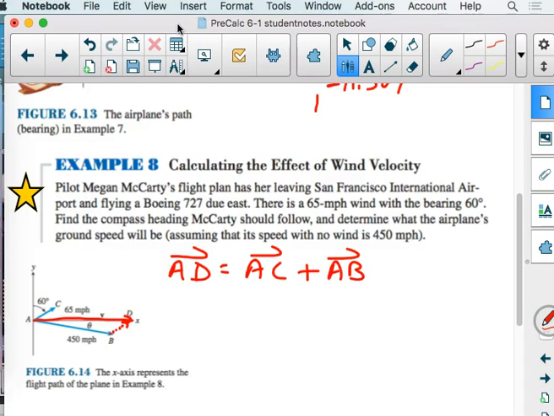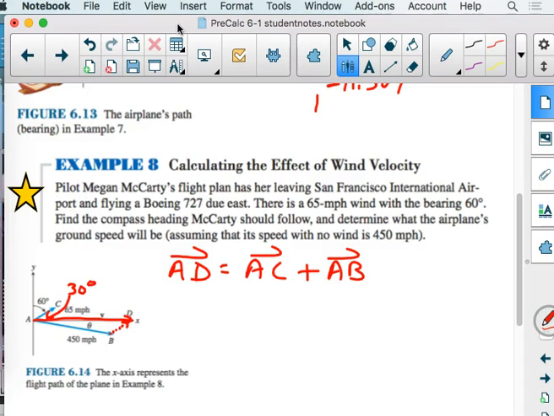All right, now I love it if I can get them in component form right away and have everything work out nice. So, first of all, we've got that bearing issue. Well, if this is 60, then what measurement should we be using for vector AC for direction? Did they tell us how fast the wind was going?